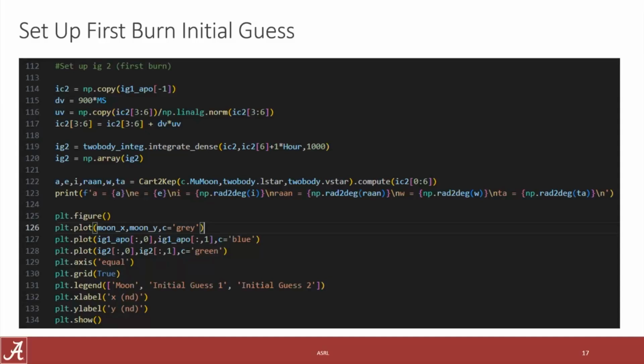Now in modern syntax, where you don't need dot compute, you just pass in your float values. It dynamically does type detection of what you as a user handed it. You instantiated cart to kep, and in parentheses you handed it this IC2 of 0 to 6, a size 6 set of floats.